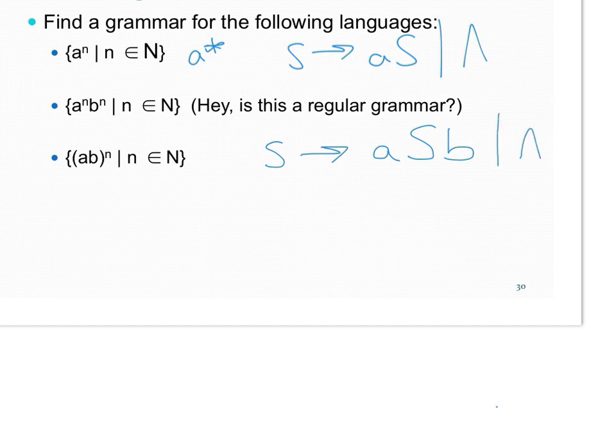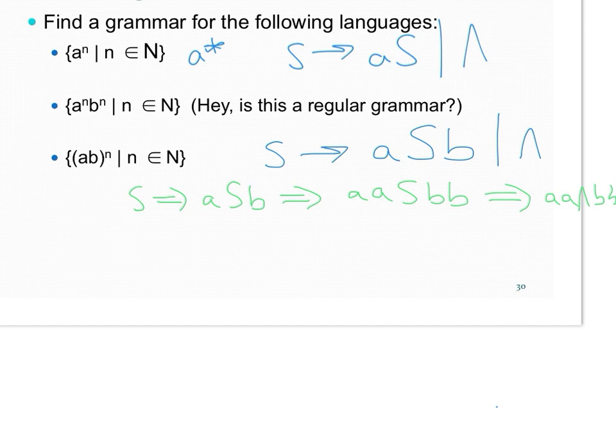If I'm trying to derive a string like aabb, we get S goes to aSb, goes to aaSbb, goes to aa lambda bb. And we got it. So that's pretty good.